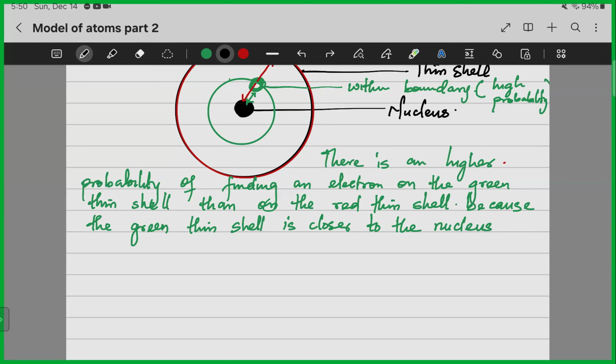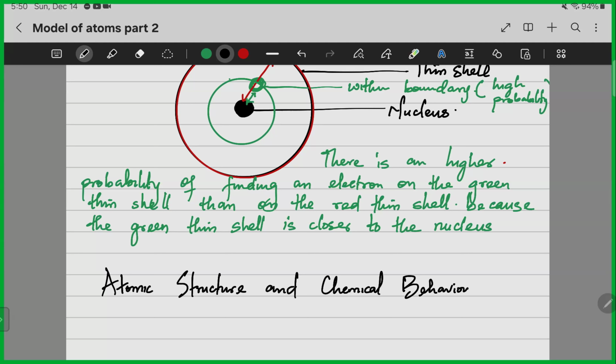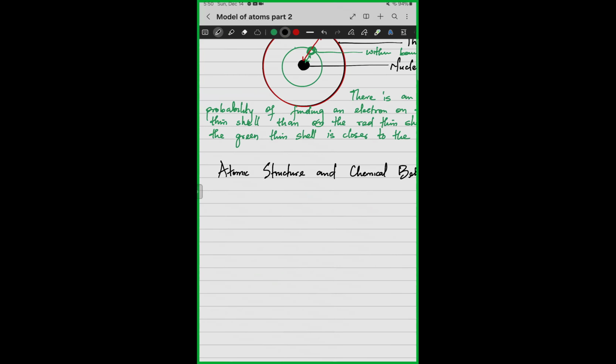Let's go on. Now that I've established that, I'll move straight on to another subheading: atomic structure and chemical behavior. Atomic structure and chemical behavior.